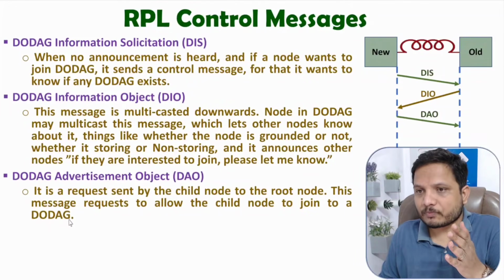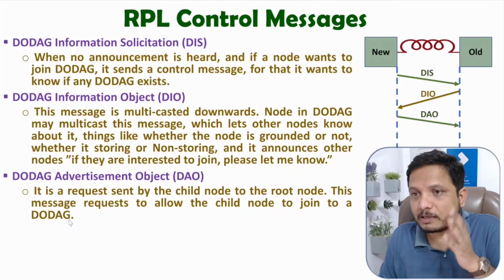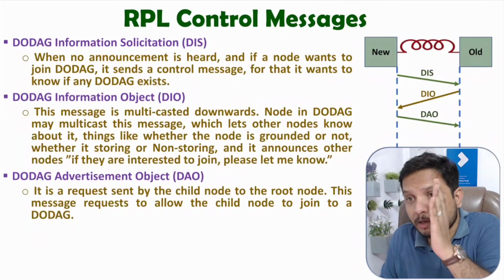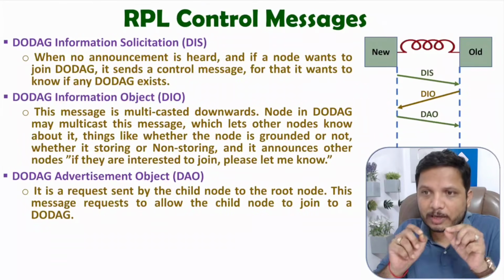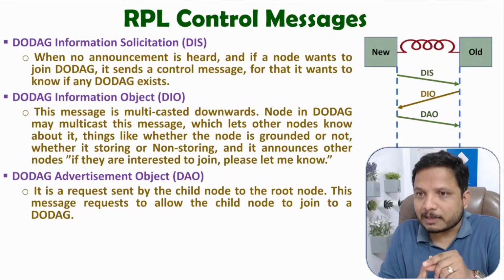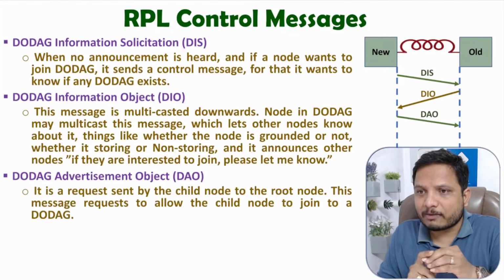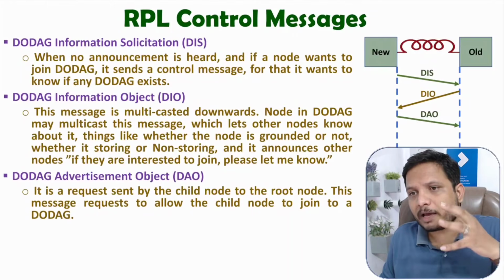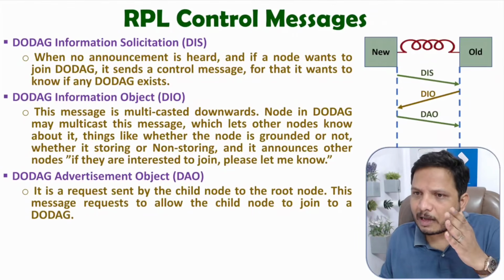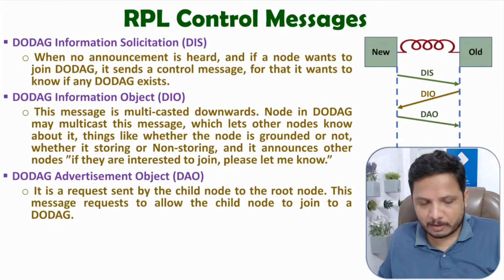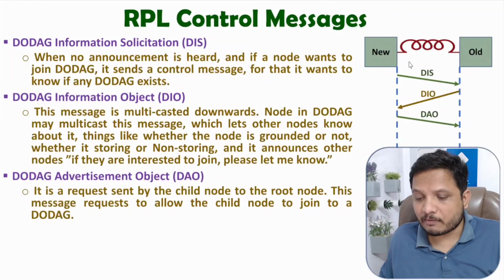By this message, a new node can tell an older node that it wants to join this network, and in an existing DODAG network it can say, I'm ready for communication, so I'm available over here. So it is a request from new to old, or from child to parent.